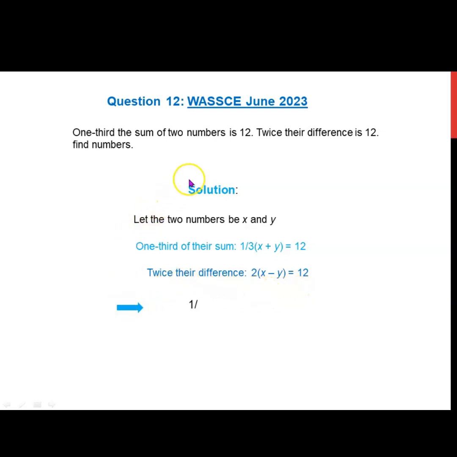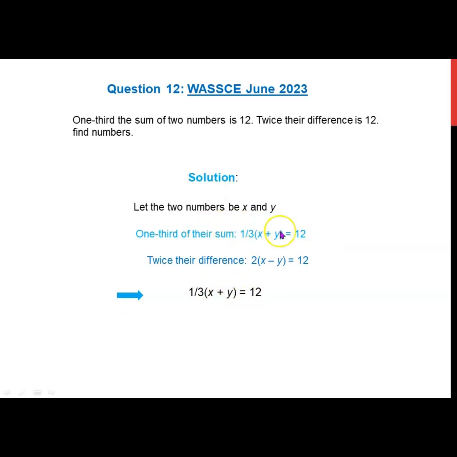Now, let's see here, we have 1 over 3 into bracket x plus y equal to 12. That is the first sentence. Let's multiply both sides by 3 for us to cancel this 3.